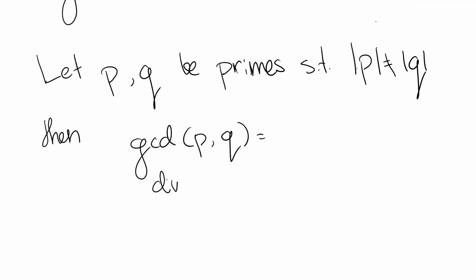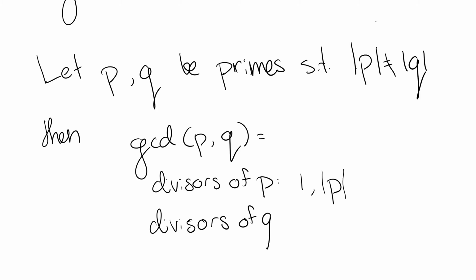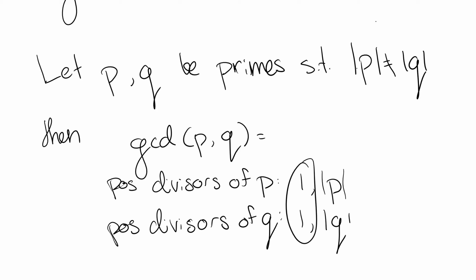Well, the positive divisors of P are 1 and the absolute value of P. Divisors of Q are 1 and the absolute value of Q, whatever that may be. Well, we have 1 in common per usual, but we just said that these are not equal. So 1 is their greatest common divisor.